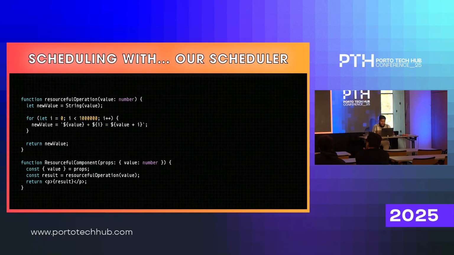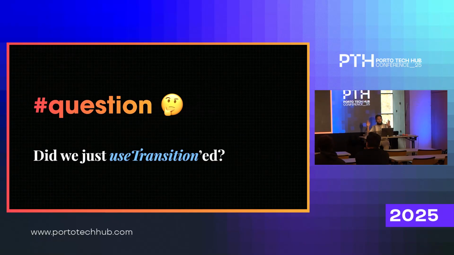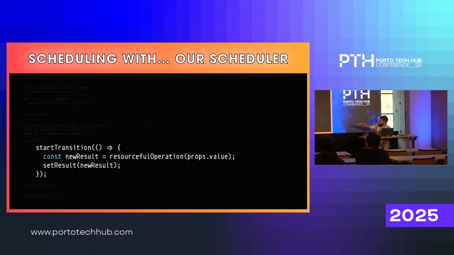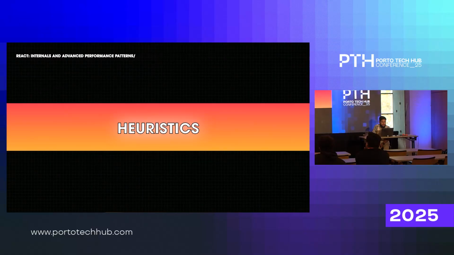You've had spoilers already, but the result of that is very, very similar to what we would get if we had used transitions from the modern versions of React. So instead of using my underscore resourceful thing, yes, I could have just wrapped that with a startTransition, and we would get something very, very similar.